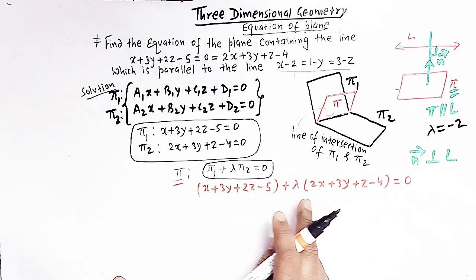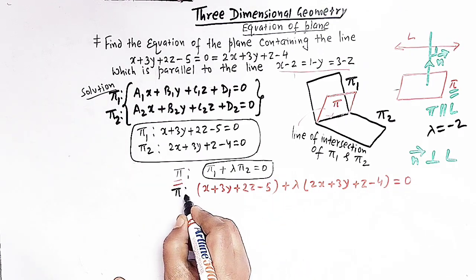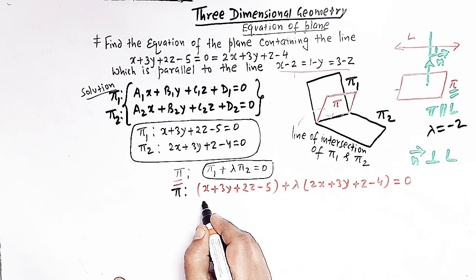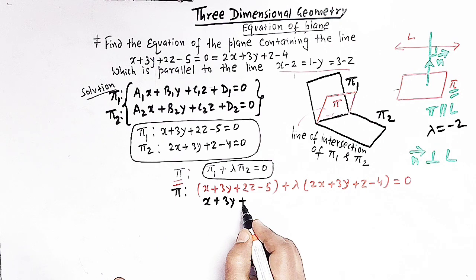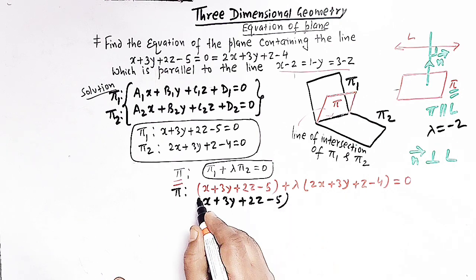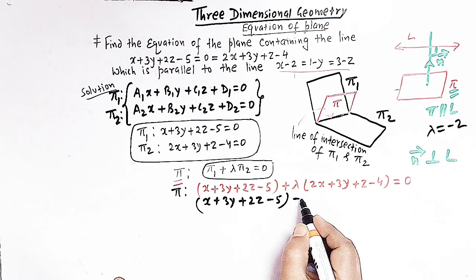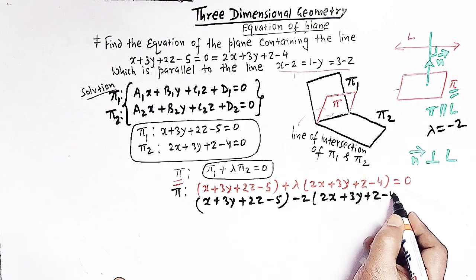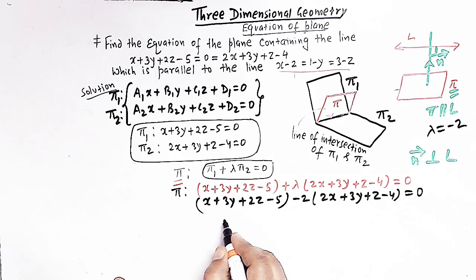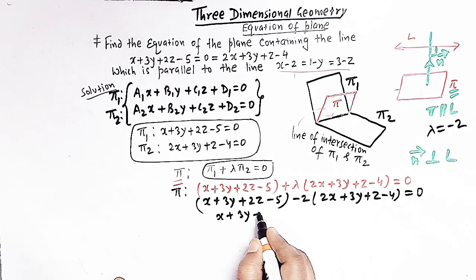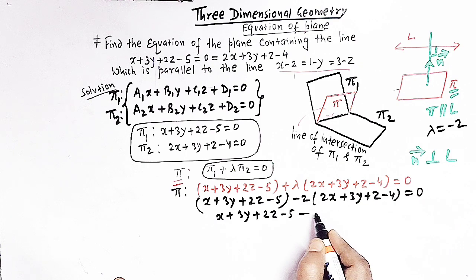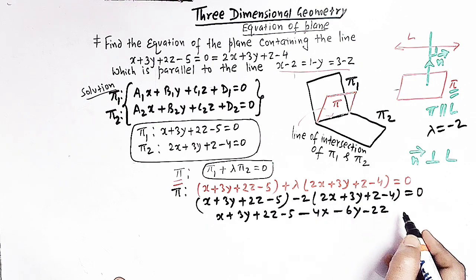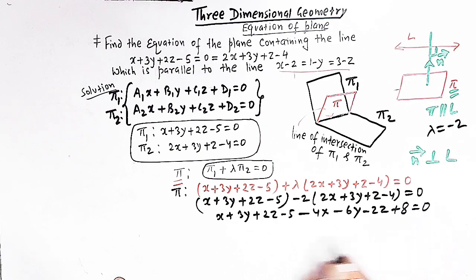Now to get the equation of the plane pi, let us substitute the value of lambda in this equation. So we have x plus 3y plus 2z minus 5, and then lambda is equal to minus 2 times 2x plus 3y plus z minus 4 is equal to 0. So we have x plus 3y plus 2z minus 5 minus 4x minus 6y, and then minus 2z plus 8 is equal to 0.